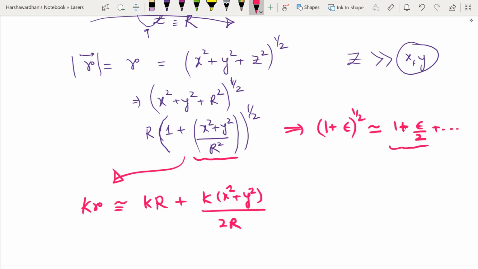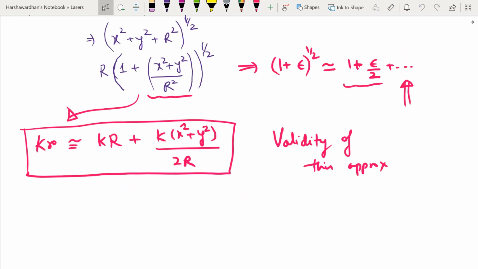So now if I say that this is my approximation, look at the validity of this equation. You see that the next term in this expansion would be minus epsilon squared by 8 and so on.